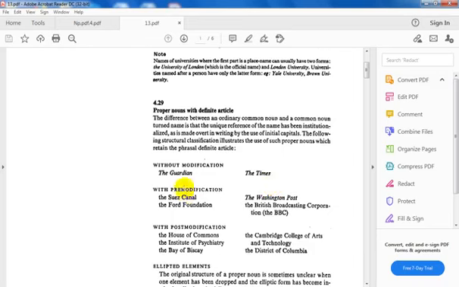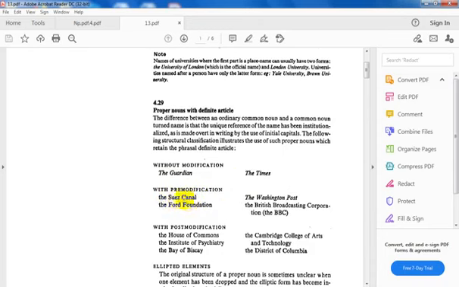Without modification: Guardian, the Guardian, is the name of a newspaper in Britain. The Times. With pre-modification, before the noun: when I say canal, it is a common noun. When it is restricted by something before it, say what?